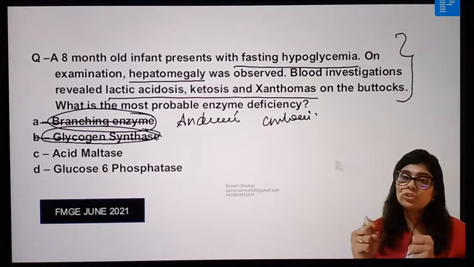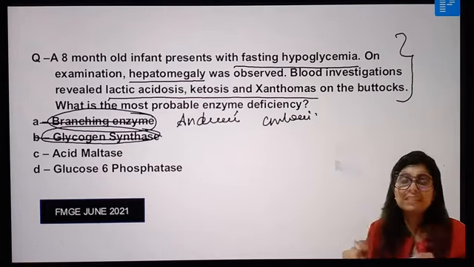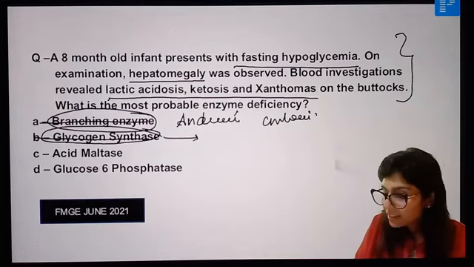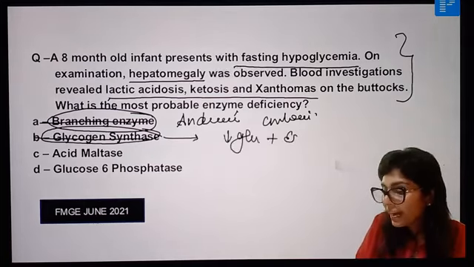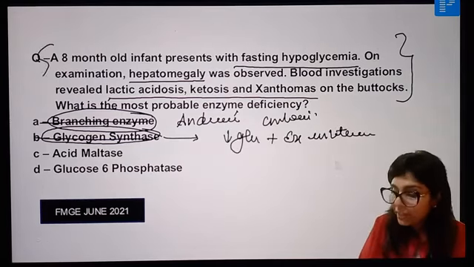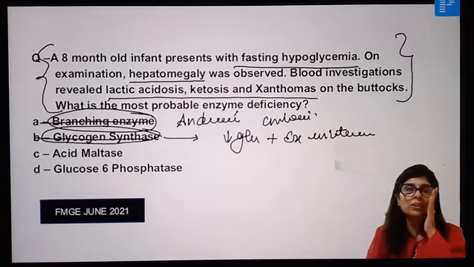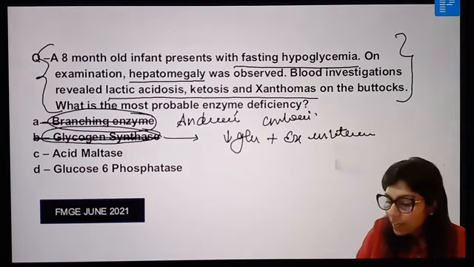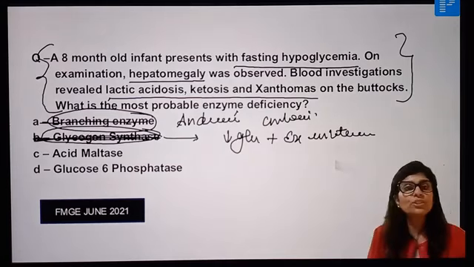When muscle glycogen is not synthesized, it causes exercise intolerance. So glycogen synthase deficiency will present with both hypoglycemia and exercise intolerance. But have they mentioned anything about exercise intolerance in the history? No. And that is why it is not glycogen synthase deficiency.